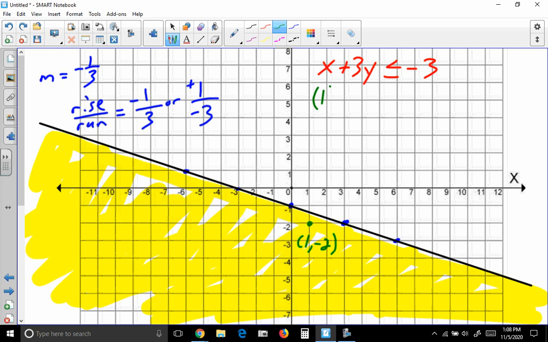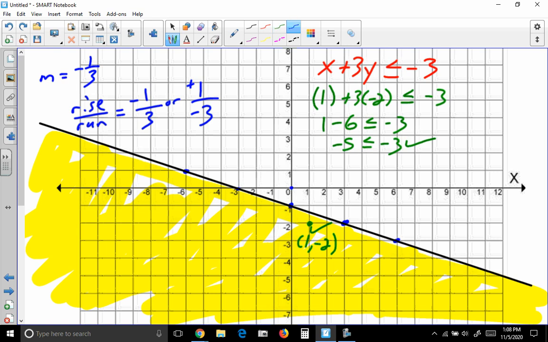If we put a 1 for x and a negative 2 for y, that should be less than negative 3. So we get 1 plus 3 times negative 2, which is negative 6. 1 minus 6 is negative 5. And that is true. Negative 5 is farther to the left than negative 3, so that's a true statement. As we suspected, that is a solution.